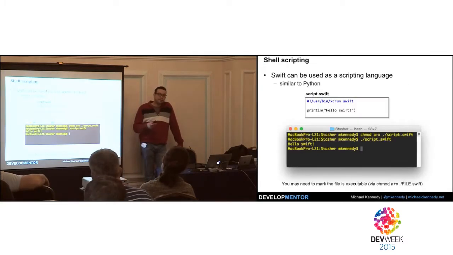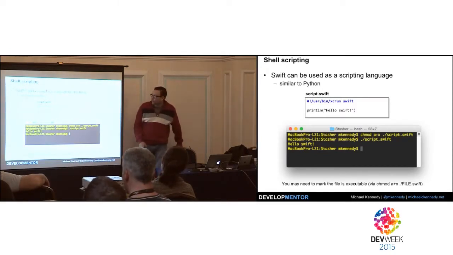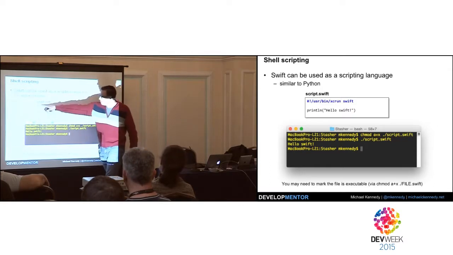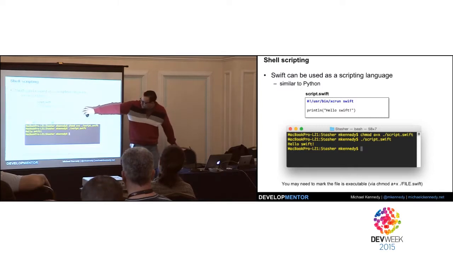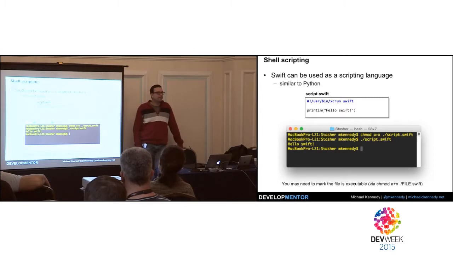Another thing you can do with this that is not of limited use, that is actually awesome, is put what's called a shebang, hash bang, and then an environment setting, so user bin xcrun, and give it the command swift, and then this is the text of the Swift file. This becomes a thing you can run without compiling, just like a shell script. If you're not familiar with shell scripts, think batch file.